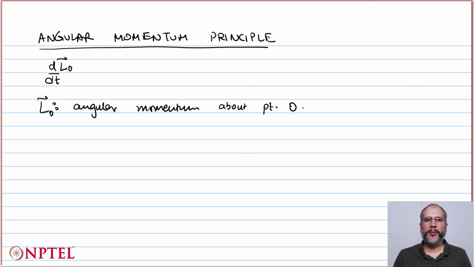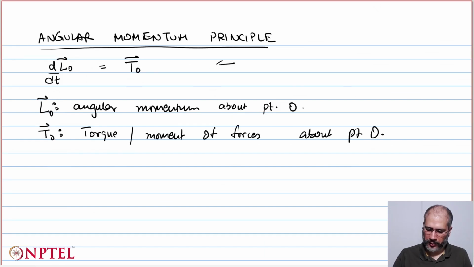So the angular momentum principle says that dL naught by dt is equal to the net torque acting about the point O, which is basically the net moment of all the forces acting about the point O, and these forces are the forces acting on the object or the material particle.